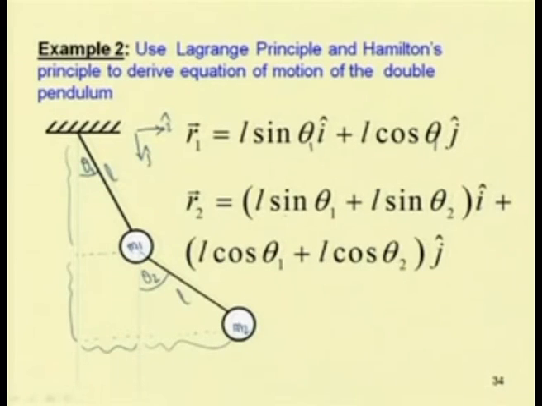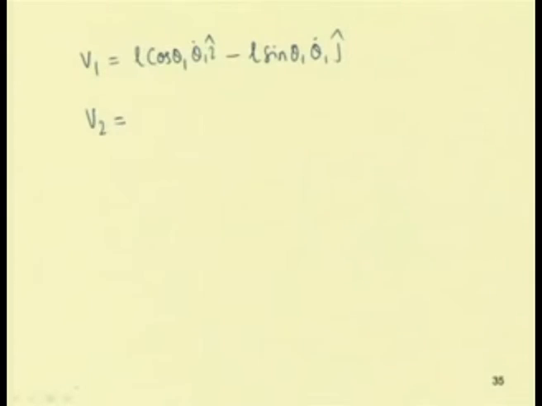And one can write the velocity v2 by differentiating this; this gives the velocity of the second mass. So, differentiating L sin theta 1, this becomes L cos theta 1 theta 1 dot plus L cos theta 2 theta 2 dot.